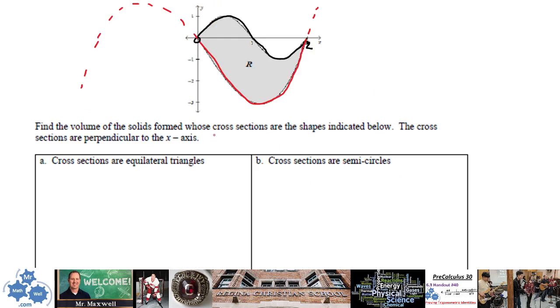So right now we're just going to apply this. These cross sections now are equilateral triangles. So it would be kind of like this. This drawing is not going to be real good, but the drawing is going to look like this, okay? Here's one cross section. Now it's going to go up in the air like this.